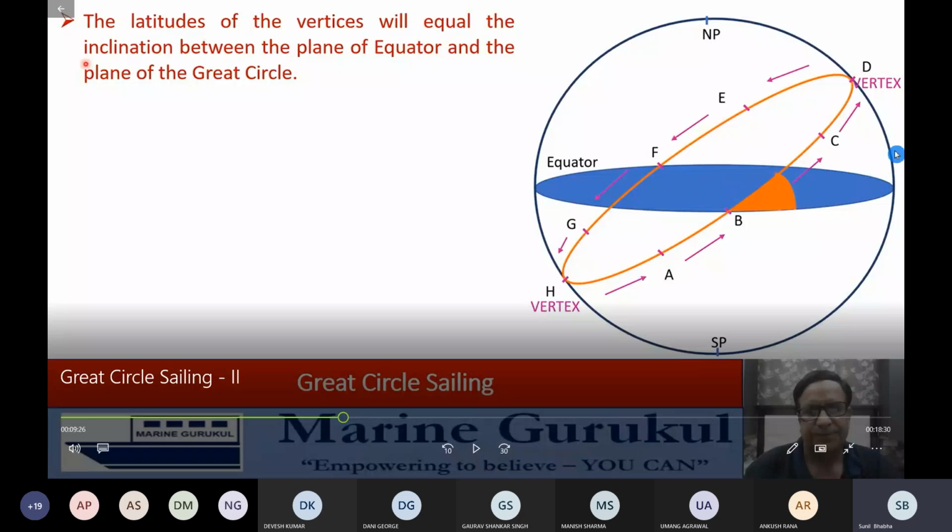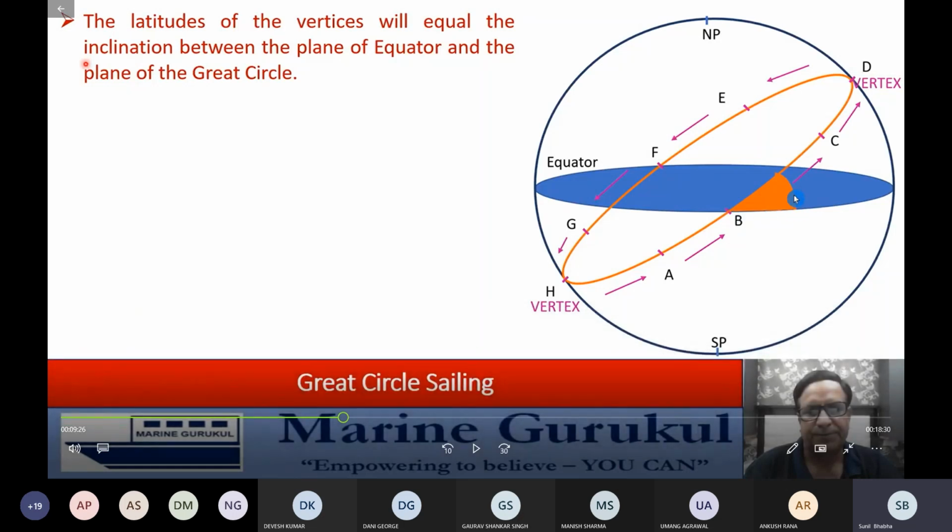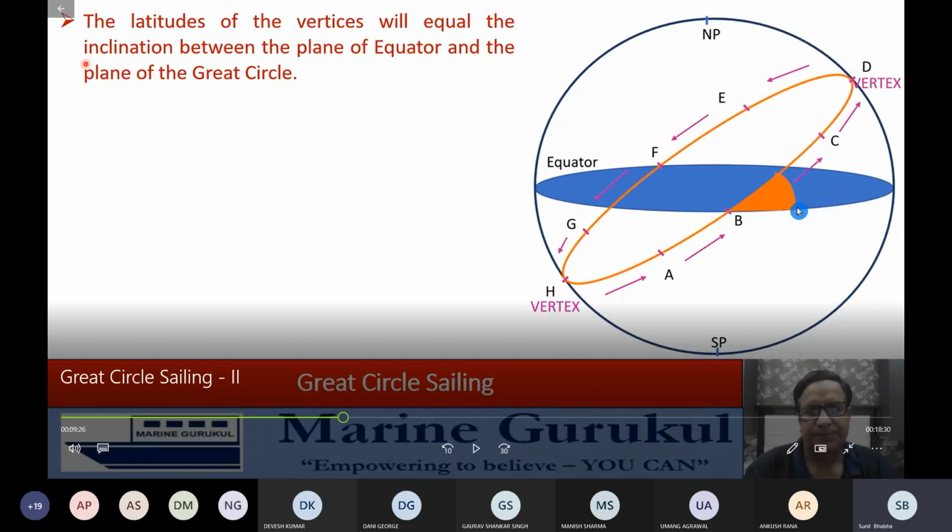You see, if the latitude of point D is 40 degrees, that means this highlighted angle, the orange highlighted angle, will also be 40 degrees. That means with respect to the equator, our great circle track is at a 40-degree angle. Now equator direction represents east-west direction, so 090 direction.